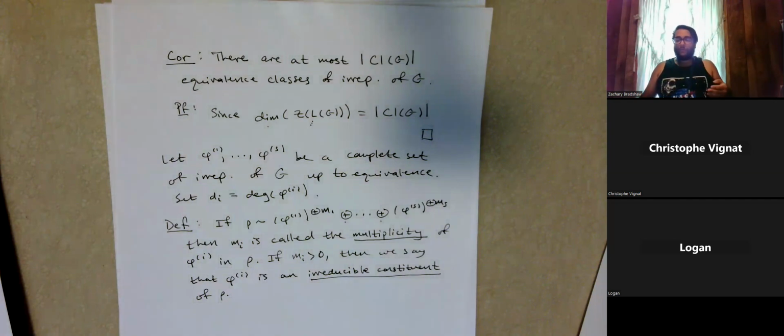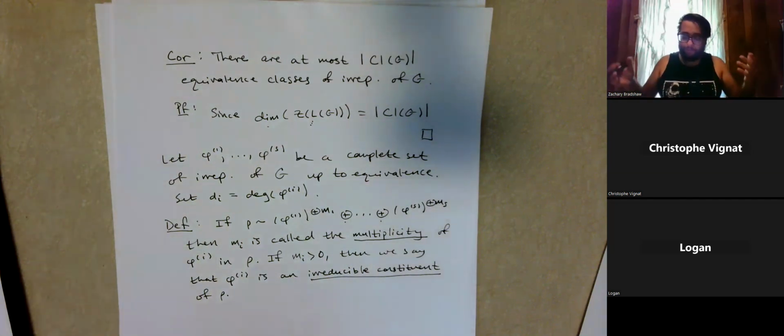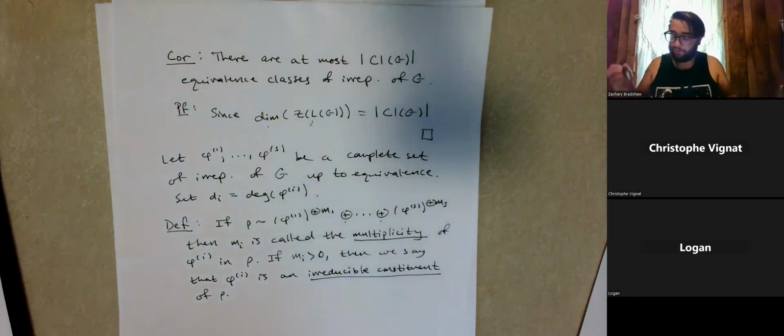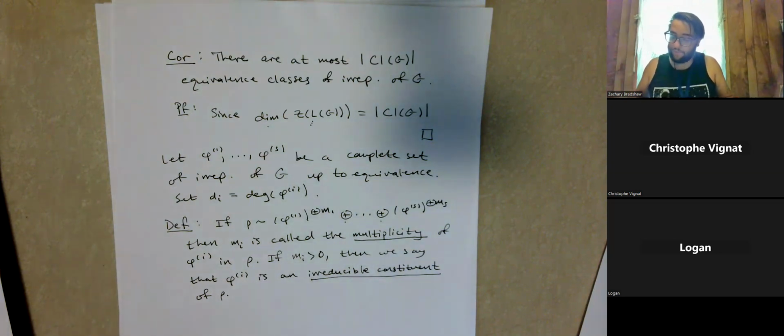Okay, so a word of warning. It's not clear yet that the multiplicity is well defined because we haven't shown that the decomposition of a representation into irreducible representations is unique, which is the whole point of today.